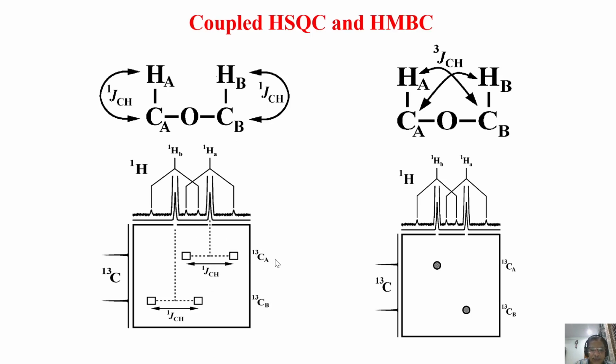For example, at the chemical shift of A, we got a doublet because of coupling of this carbon A with this proton A. Similarly, at the chemical shift of carbon B, in the direct dimension, we saw a doublet. This doublet is due to coupling between carbon B with proton B.